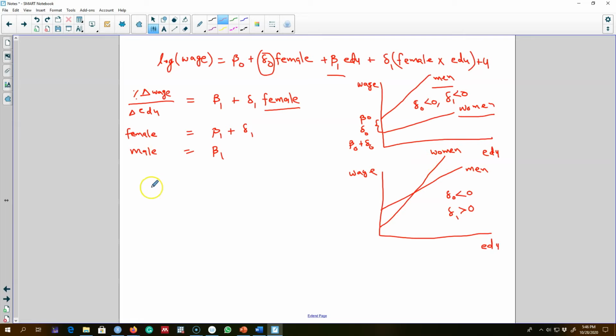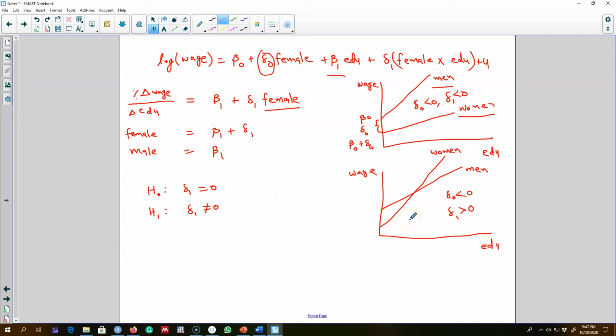Essentially, we are interested in knowing whether an additional year of education pays equally across these two genders. So we can test the hypothesis that this delta 1 coefficient is equal to 0 against the alternative hypothesis that it's not equal to 0.